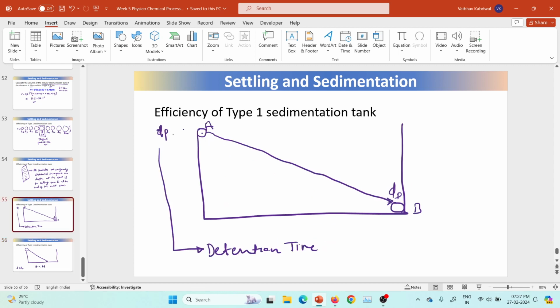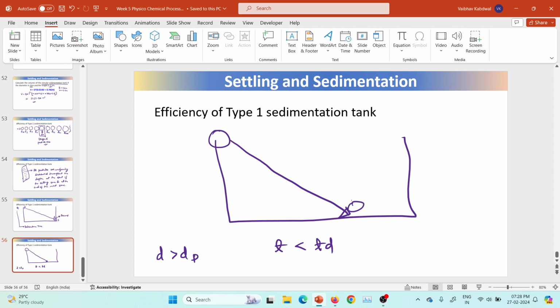If it reaches the end of the settling zone, we will say it is removed. And a bigger size particle is also removed.